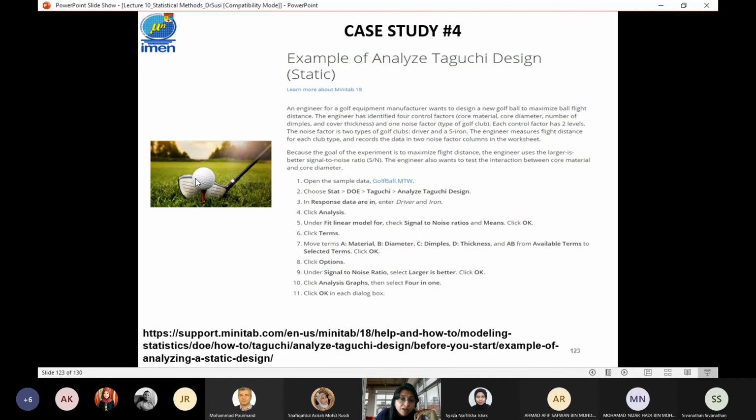And what is their output parameter? They want to look at the flight distance. Of course, larger the better, right? You want your golf ball to go far. So the engineer measures the flight distance for each club type. This manufacturer produces the golf ball, and of course the golf players bring their own clubs, their own golf stick.